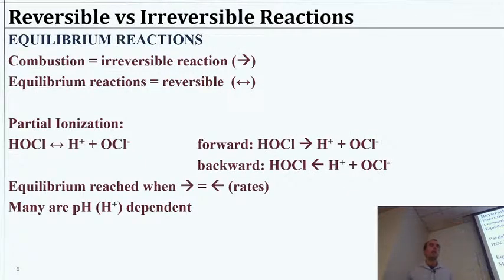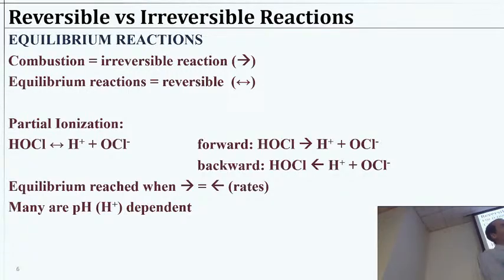Okay, so for equilibrium reactions, the one piece of chemistry that there's a chance you didn't really see much of in Gen Chem. So we're going to talk about equilibrium reactions in the sense that they are reversible. They can go one way, but they can also come back the other way. So it's a bit of a two-way street.